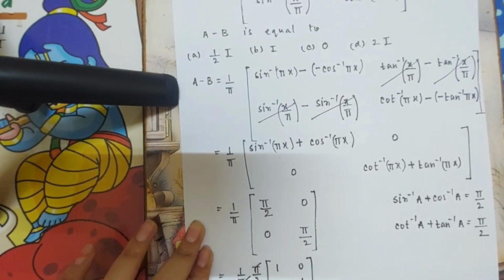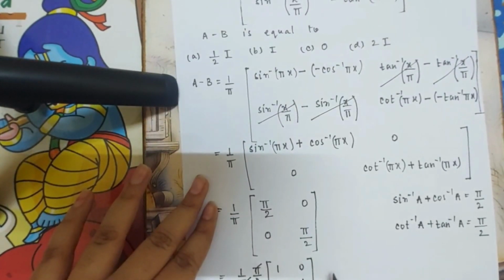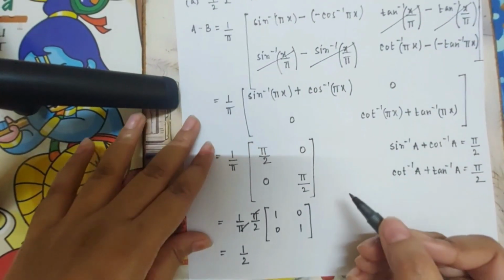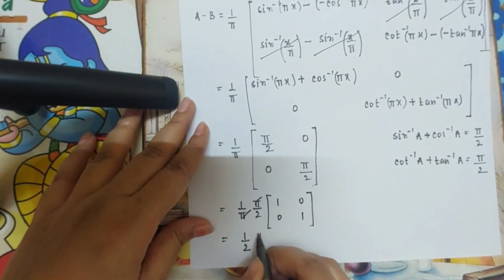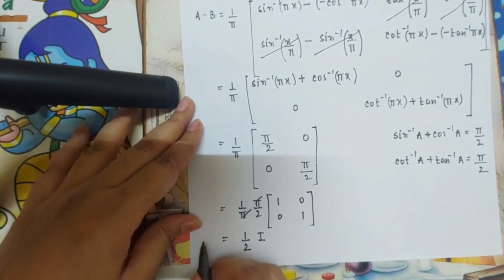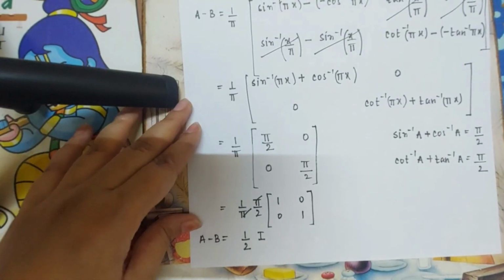So pi and pi will get cancelled, 1 divided by 2, and this is of the form identity matrix. So I'll be able to write this as 1 by 2 I. So A minus B is equal to 1 by 2 I is the answer here.